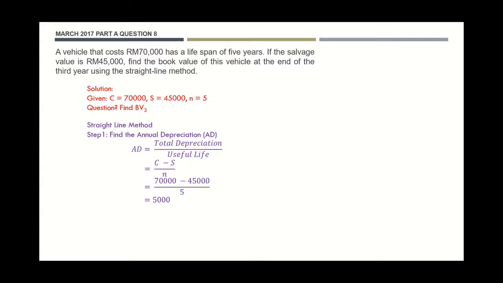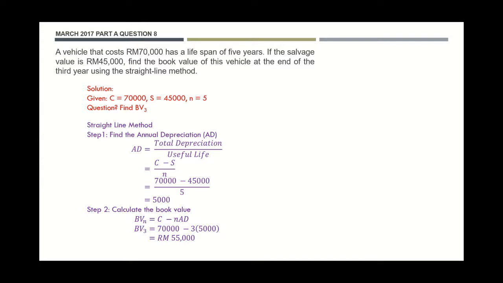The question asks us to find BV3, the book value at the end of the third year. To calculate the book value, we use the book value formula for the straight line method, that is given by BVN equal to C minus N times AD. In this case, we are looking for BV3, which means that N is equal to 3.